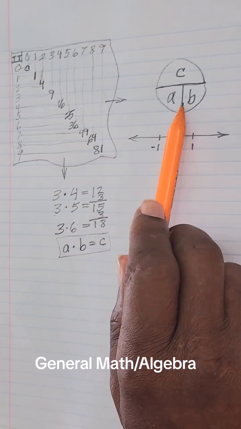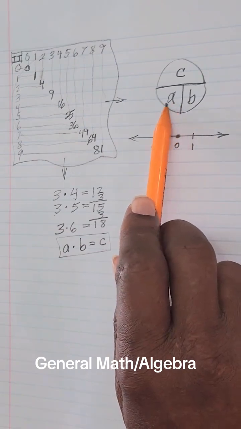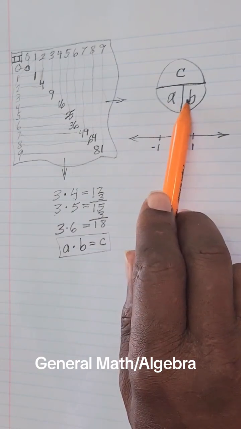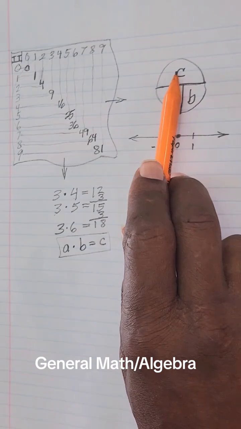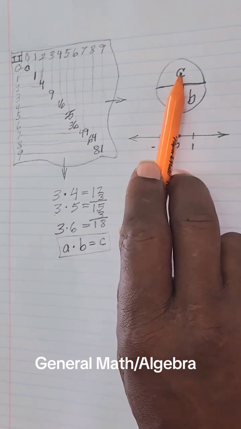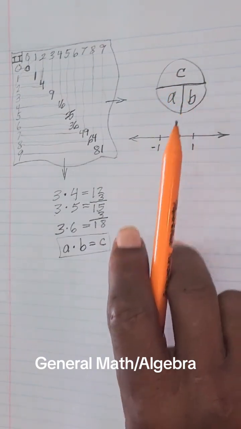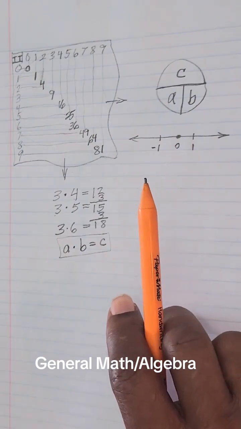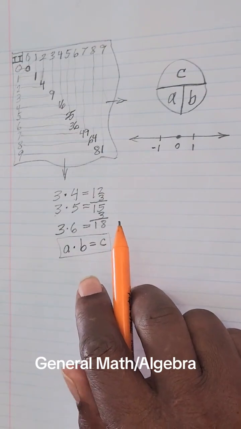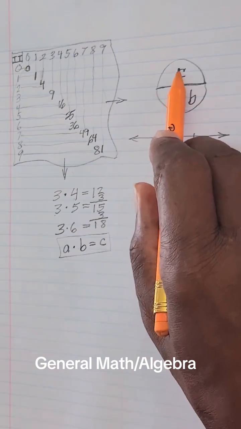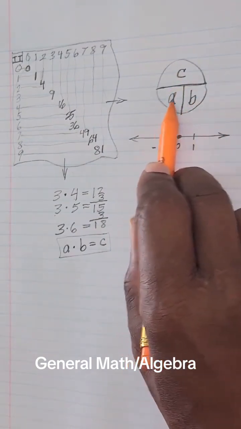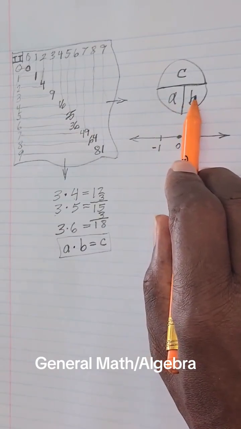And if you put it in a nutshell, A times B, in other words, these are next to each other, equals C. So if you don't know what A is, but you know what C and B are, you mentally put your finger over whichever one you don't know, and then going this way is division, and going this way horizontally is multiplication.